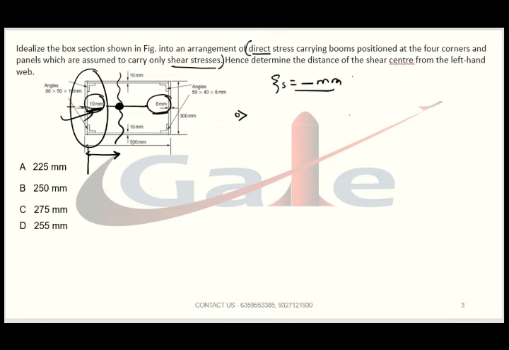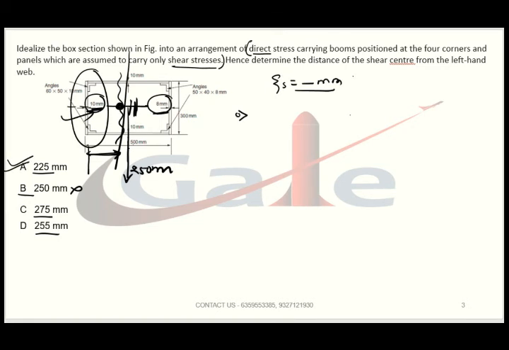One option is exactly at the center, 250 mm, and this option cannot be correct, it will be wrong. 275 means you are going in this area. 255 again is going in this area, but the right answer is 225, somewhere on the left hand side, because 255 is the closest distance. So option A is correct in that case.